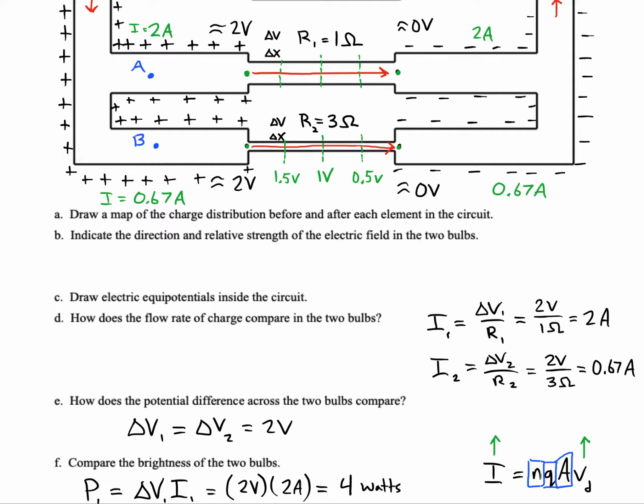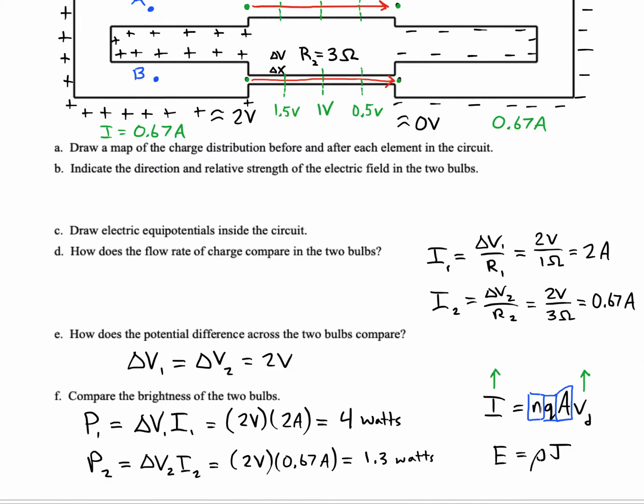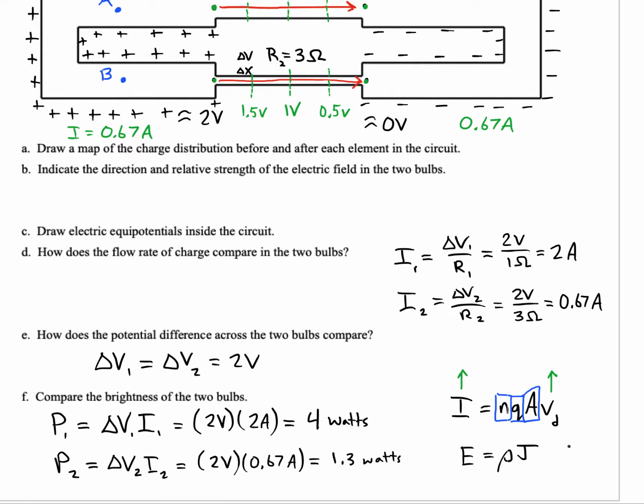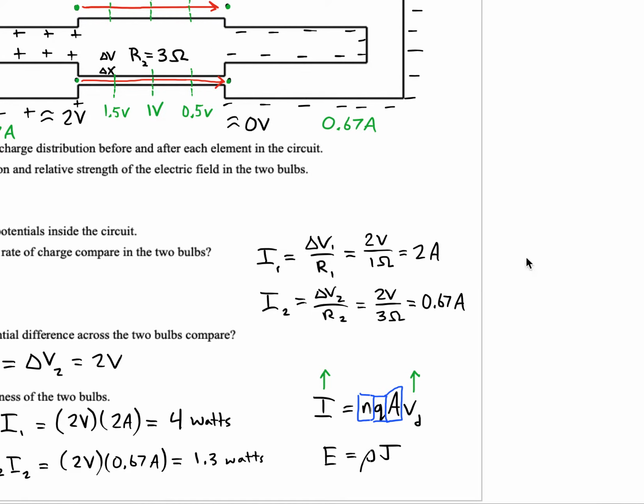And if we were to rearrange and divide by A, we would get I over A equals N times Q times the drift speed. Okay. And I over A, as I mentioned in one of my videos, is called J, the current density.